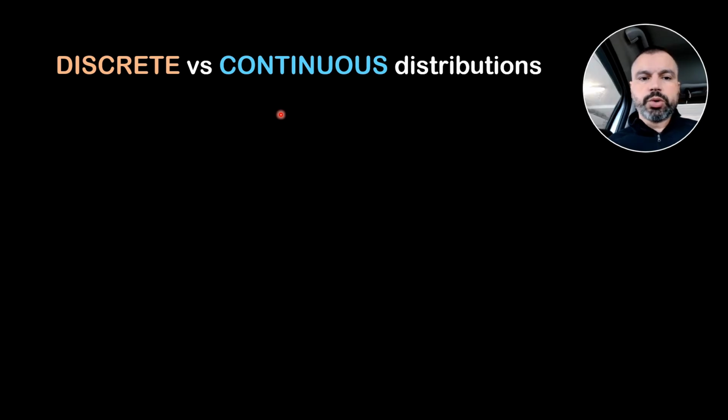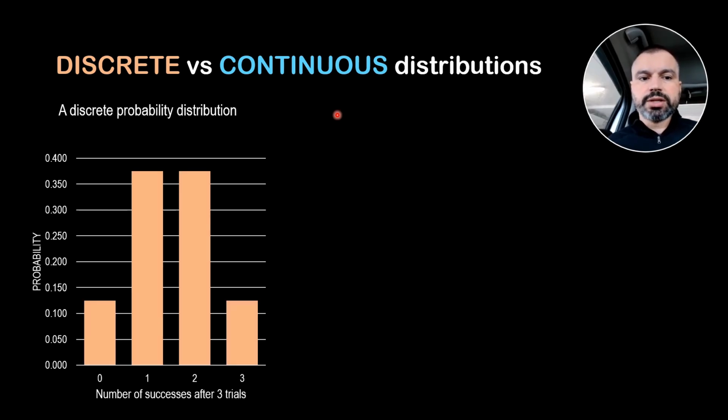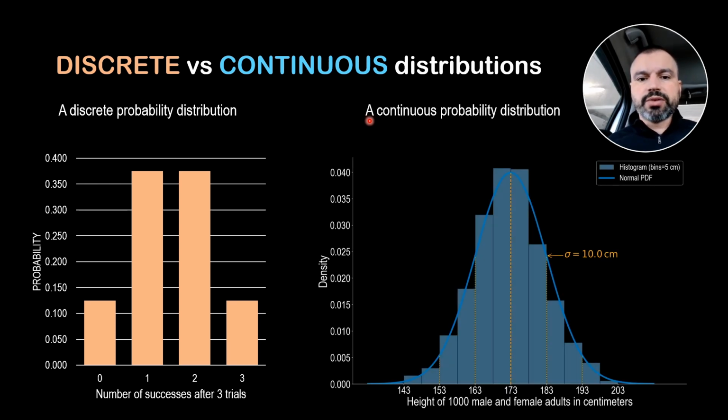Now let's make a quick comparison between discrete and continuous distributions. As I said earlier, if the random variable is discrete, we're going to have a discrete probability distribution. And if the random variable is continuous, we're going to have a continuous probability distribution.